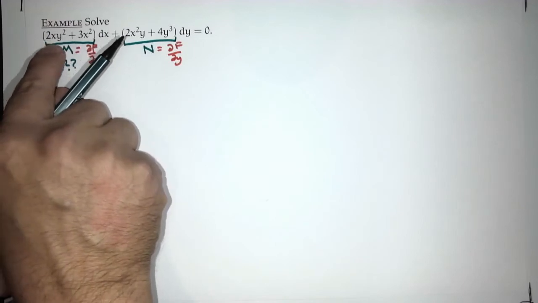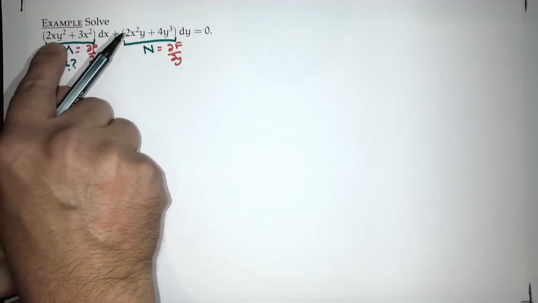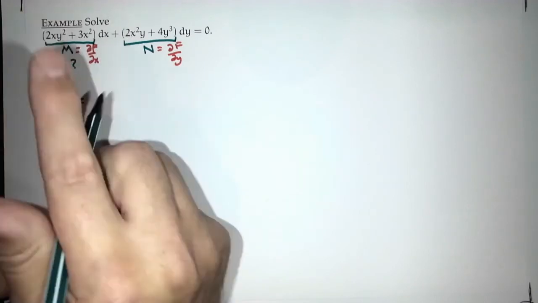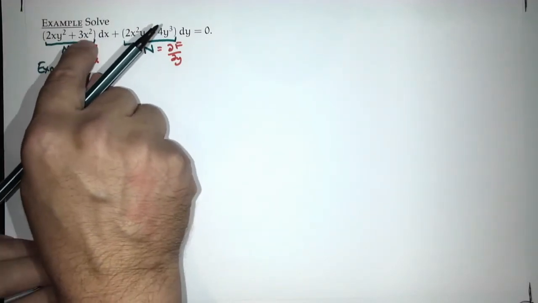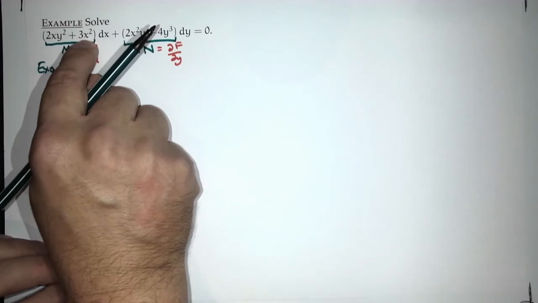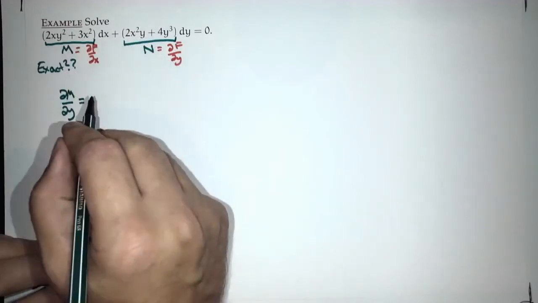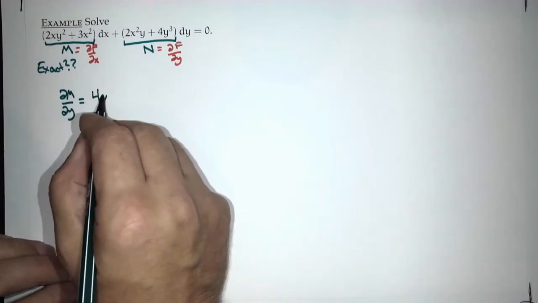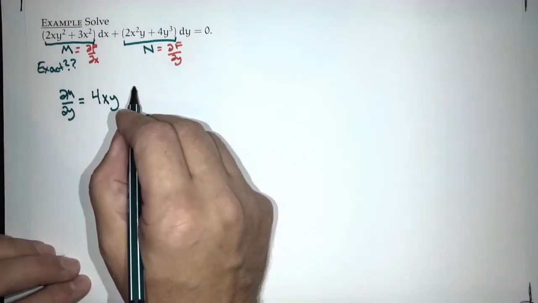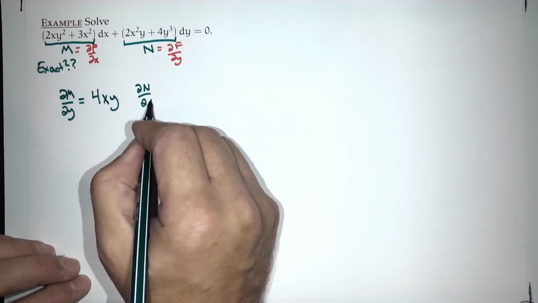Well, what's the derivative of 2xy squared when we take the derivative with respect to y? 4xy. And the derivative of 3x squared when we take the derivative with respect to y? 0. Why 0? Because it's a constant. Okay. And then let's look at partial and partial x.